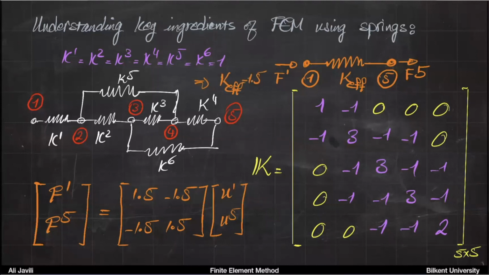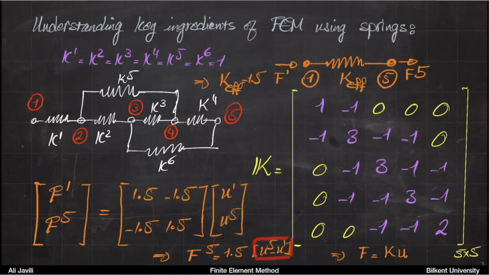This is clearly from the system. We can see, for instance, that F5 is 1.5 times U5 minus U1. And this is your usual understanding of a spring. The spring formula is usually F equals K U, where U is the stretch, or the change of length of the spring.